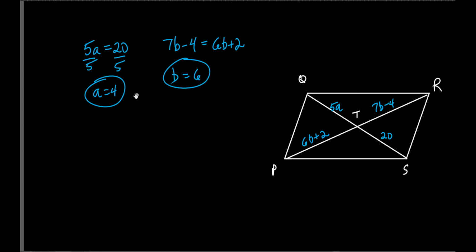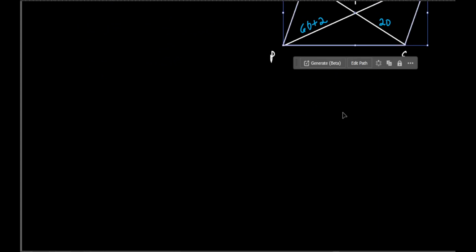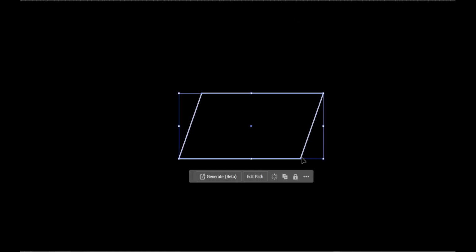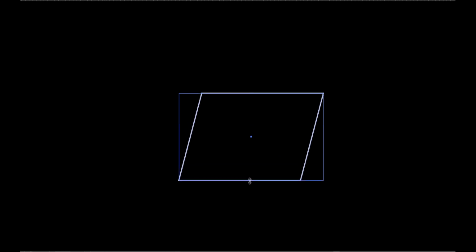Let's do one more. That was part A. This is part B. We'll do one more like this. Let's grab this. All right, I want to do this, just so it looks a little bit more like what I have in my notes.